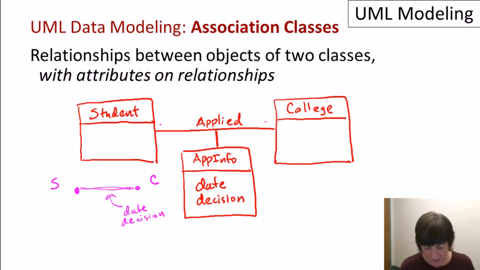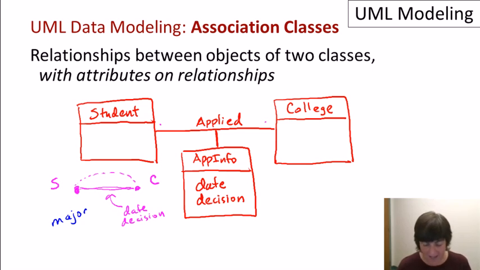What we cannot describe in UML is the possibility of having more than one relationship or association between the same student and the same college. So when we have an association, it assumes at most one relationship between two objects. So for example, if we wanted to add the possibility that students could apply to the same college multiple times, so maybe they want to apply separately for different majors, that would actually have to be captured quite differently.